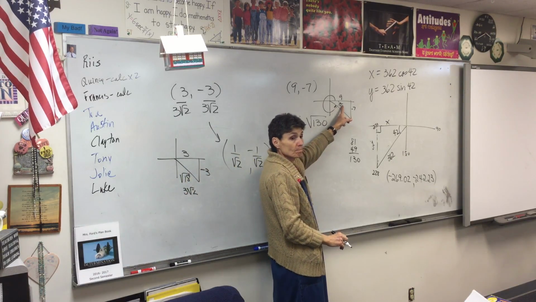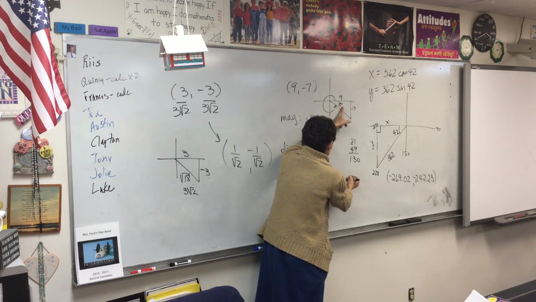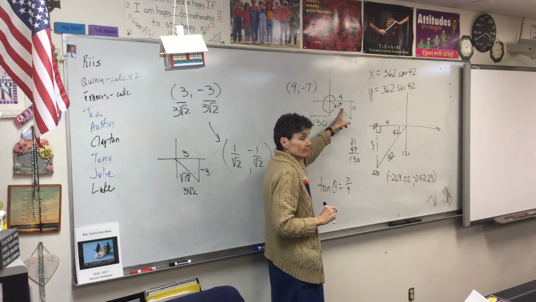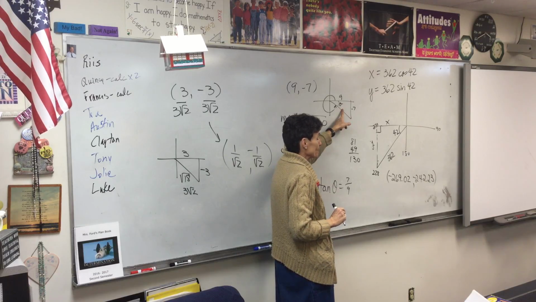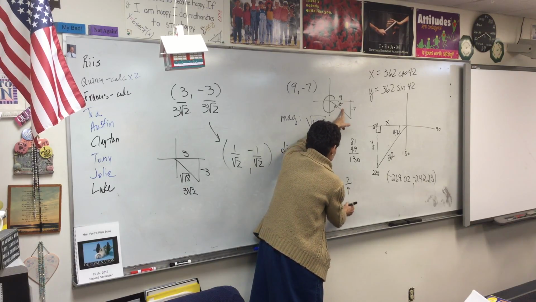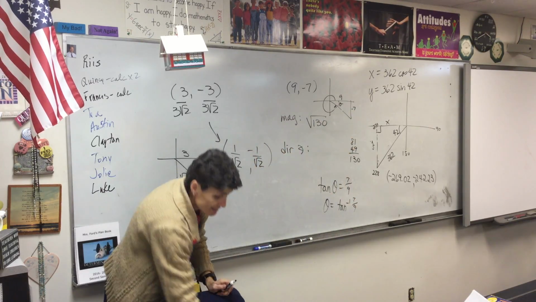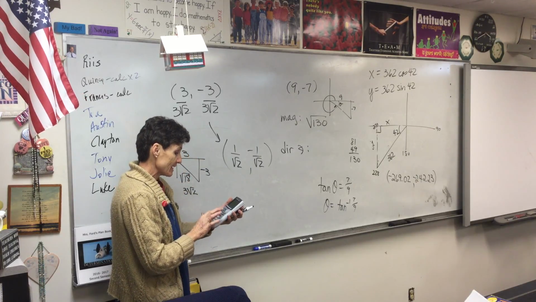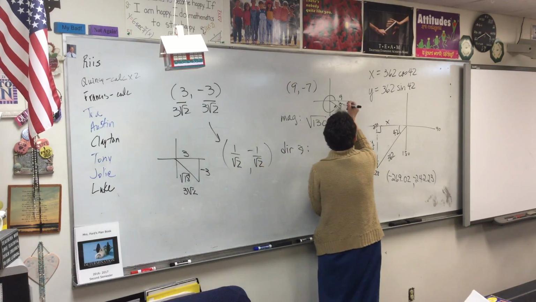Inverse tangent. I know the tangent of that angle is 7/9. Remember, take or leave the negative. It's not going to show up in your answer. So the tangent is 7/9, so I take the inverse tangent of 7/9, and I get 37.87.